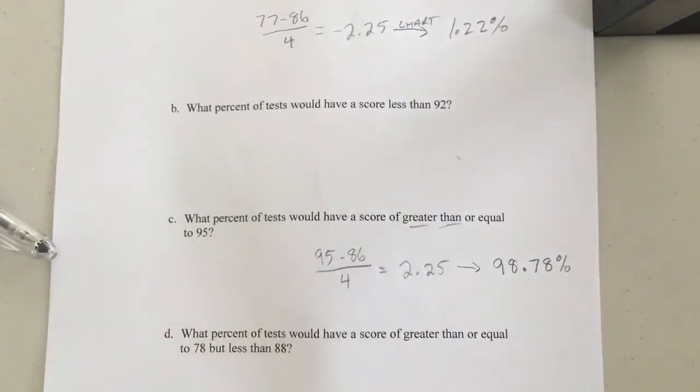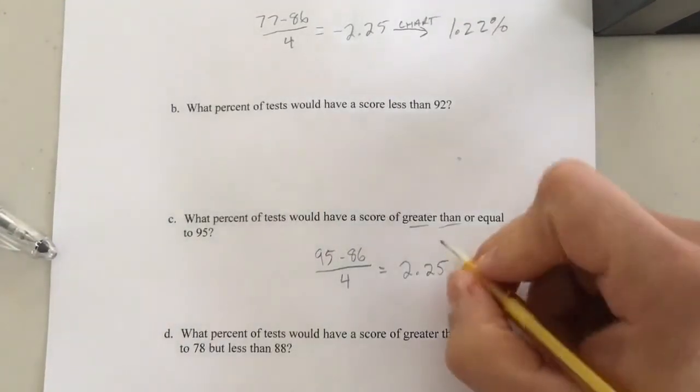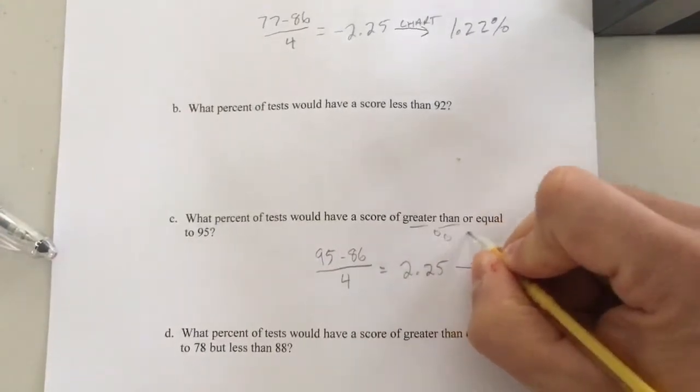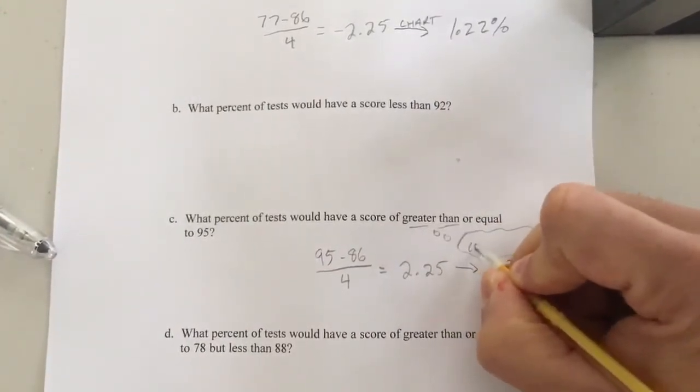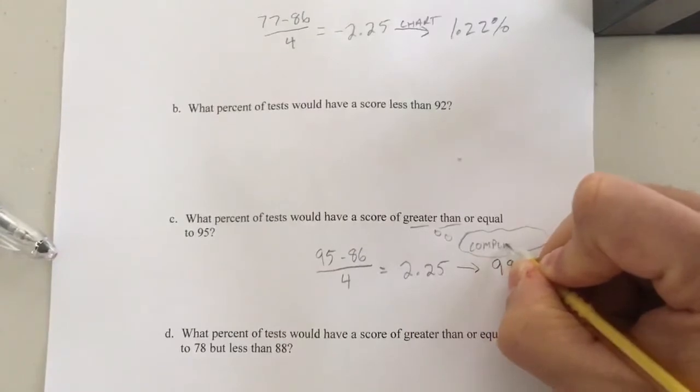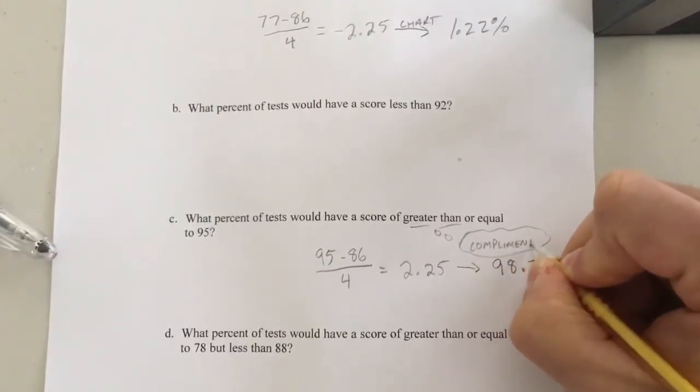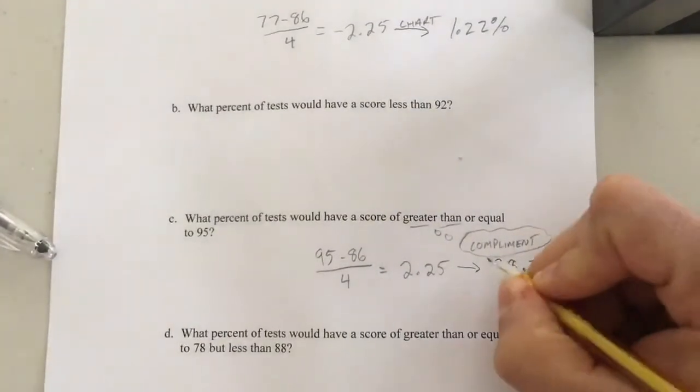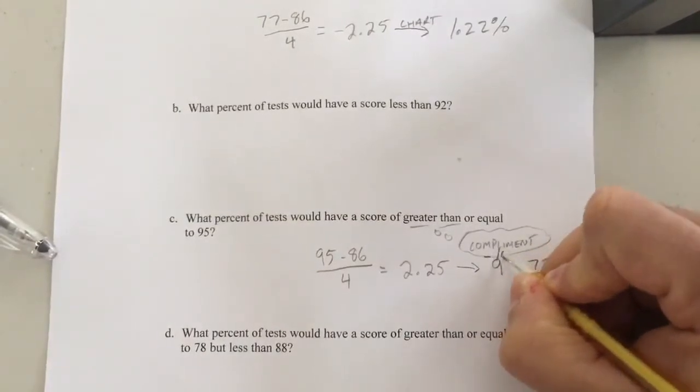Why are we not done? Well, that's because it is greater than. Whenever we have greater than, we have to think complement, which is a fancy way of saying we want to take our percentage and subtract it from 100.